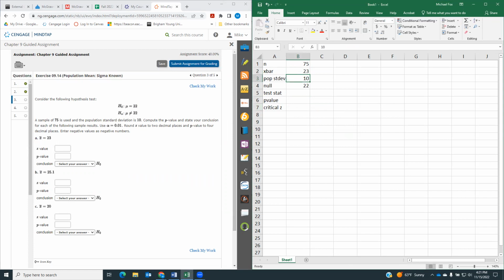So remember, the formula for our test statistic is X bar minus the null, divided by the population standard deviation over the square root of n. So again, I'll punch this in here. So we're going to say X bar minus the null divided by population standard deviation divided by the square root of n.